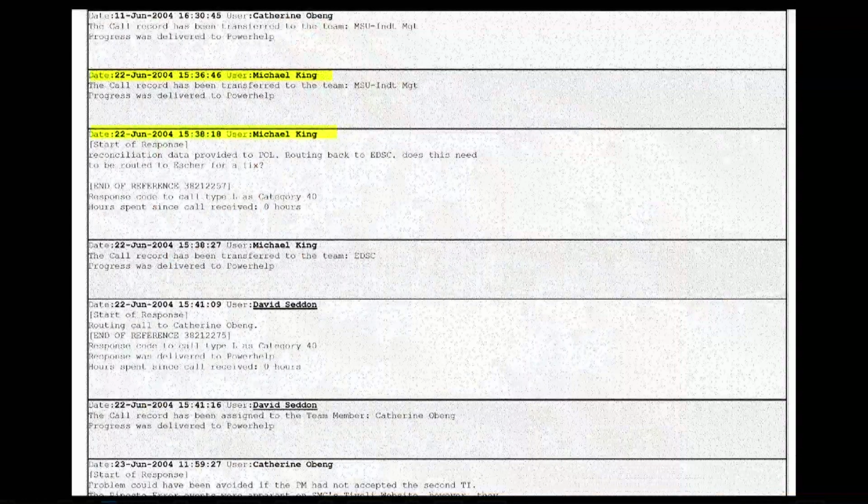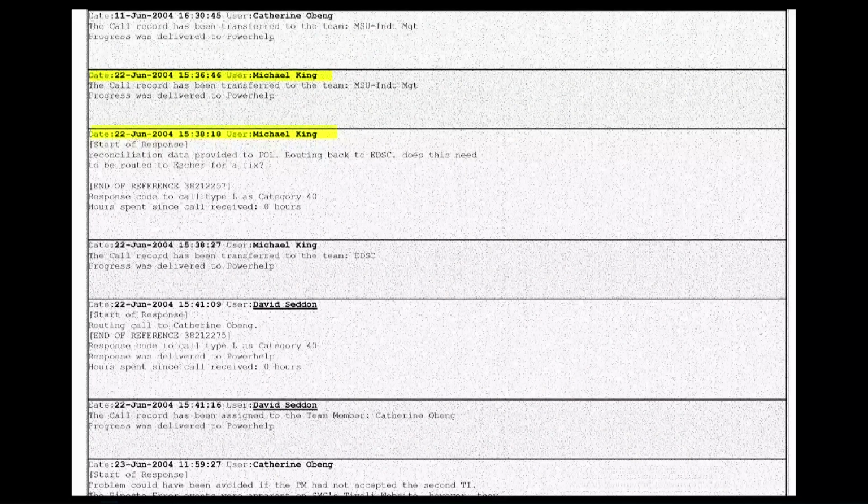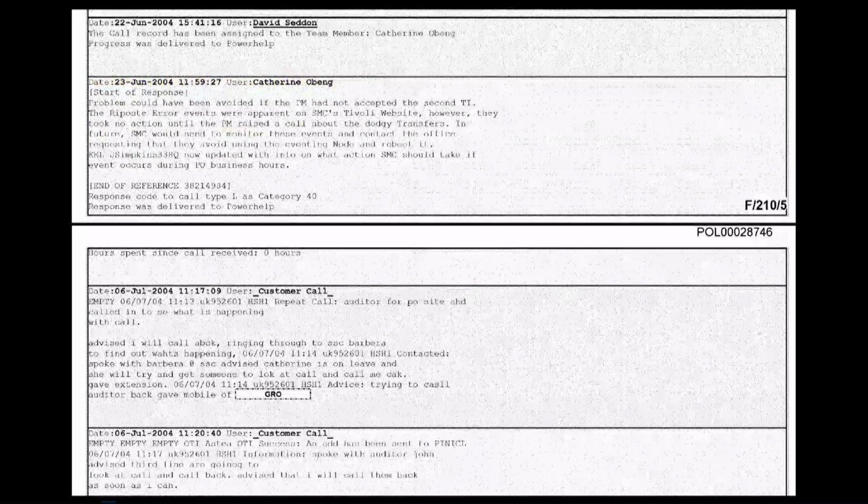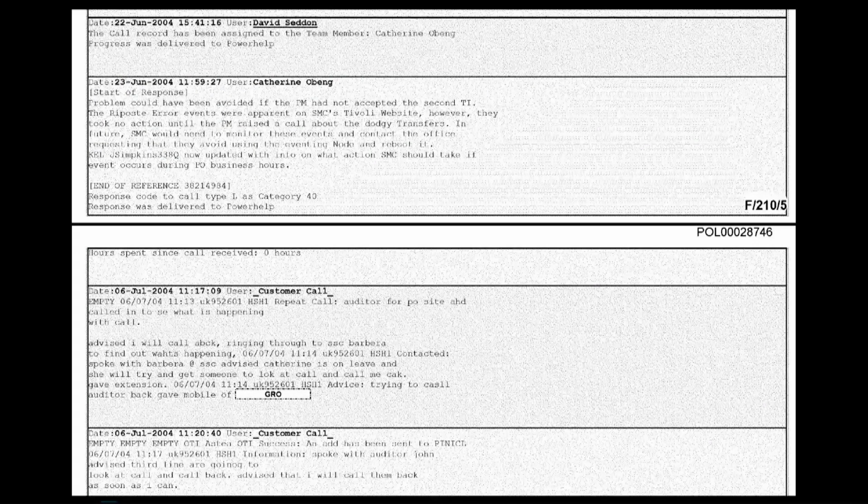And then if we scroll down to 11:59:27 on the 23rd of June, where Ms. Obeng comments, problem could have been avoided if the postmaster had not accepted the second TI. The Riposte error events were apparent on SMC's Tivoli website.